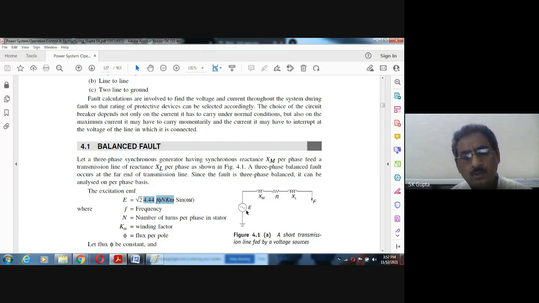If voltage is Vm sin omega t, current will be Im sin omega t divided by the impedance. So the RMS value of the current will be V divided by R plus j times XL plus XM, both the line reactance and the machine reactance.